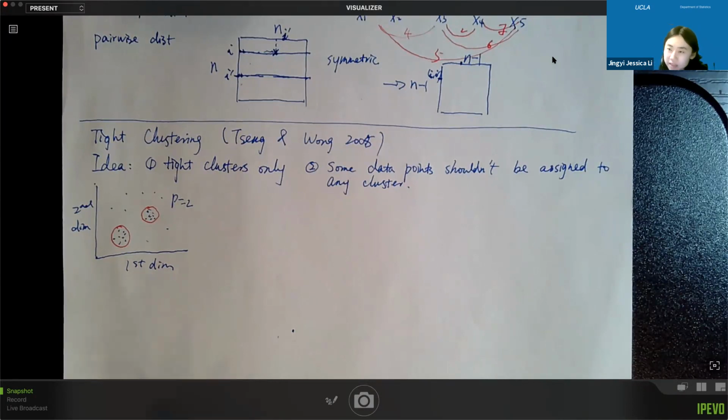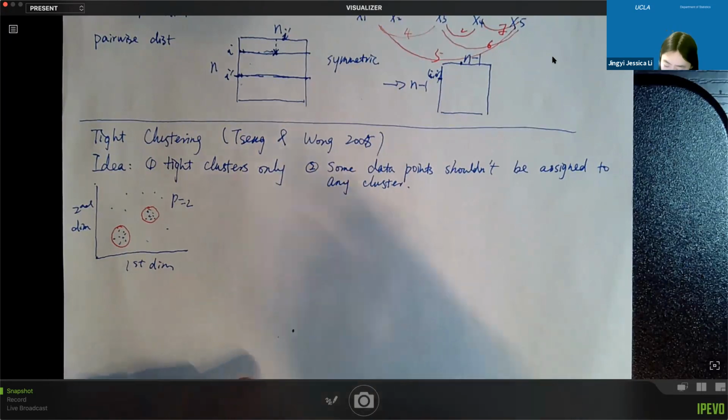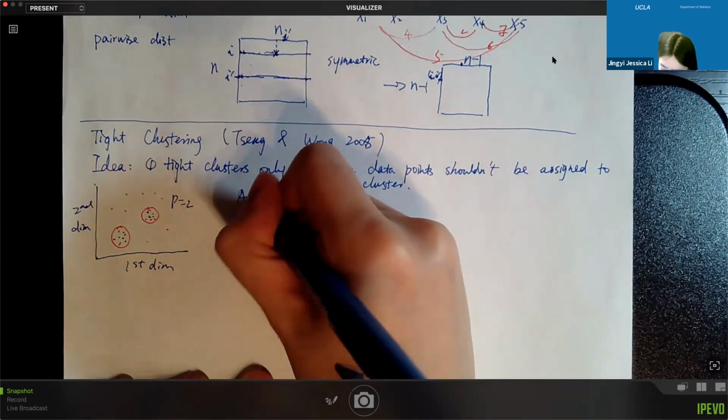By repeating the subsampling, you will have multiple clustering results. Then you can aggregate them. And if some cluster will always appear in your aggregated clustering results, you will think that cluster is stable and tight. That's the motivation, rationale, intuition behind the algorithm. So let's talk about the algorithm in detail.